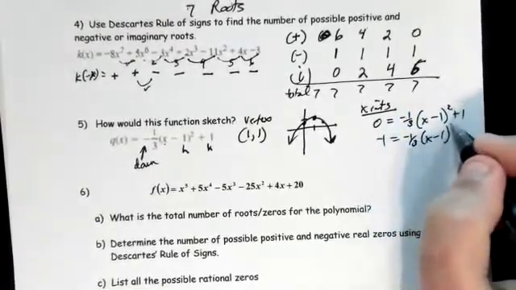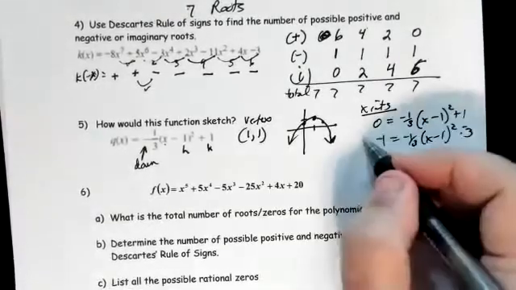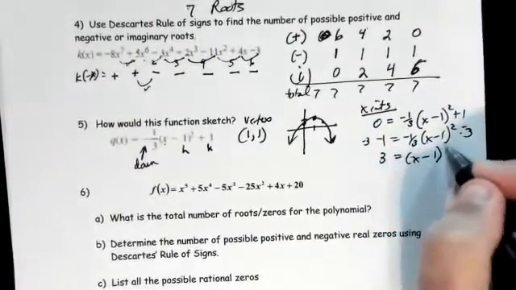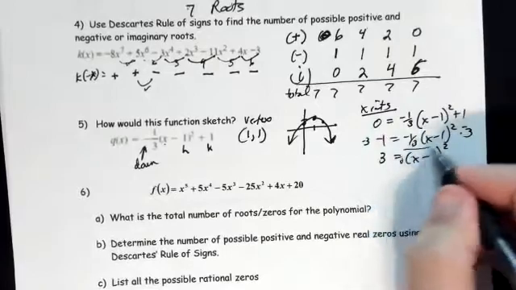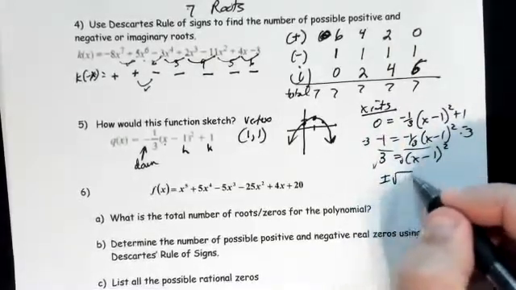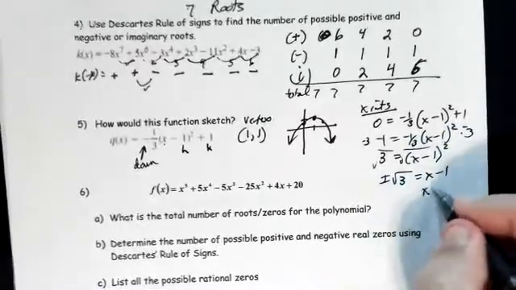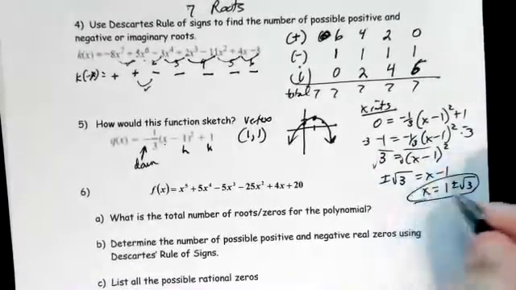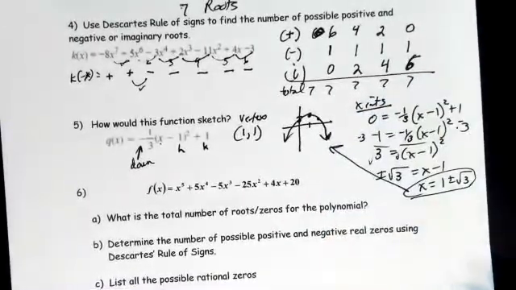Forgot I had a negative in there. Multiply both sides by -3, that'll give me a 3. Then square root both sides, and that's where the plus or minus comes in. So my x-intercepts are at 1 plus or minus the square root of 3, which you wouldn't be able to graph anyway because it is irrational.